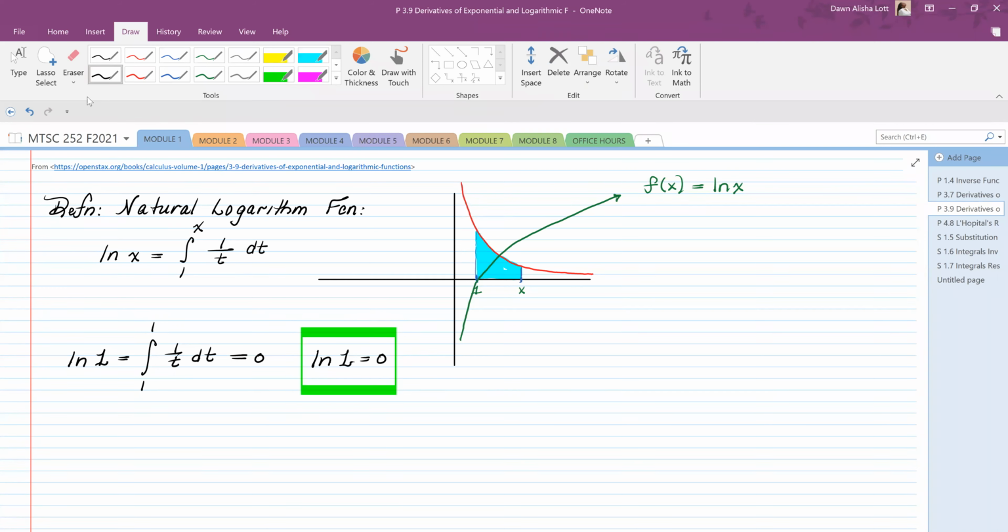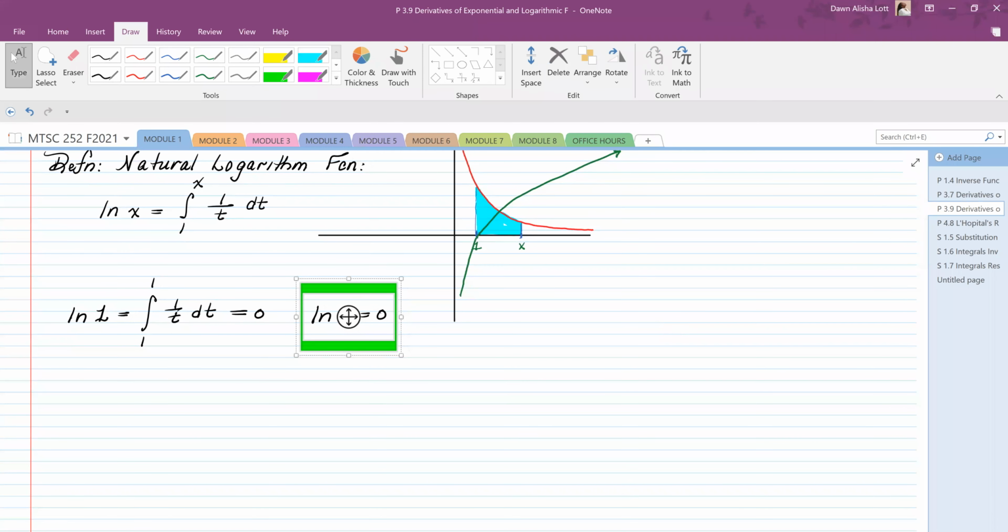Okay, now we're going to use the fundamental theorem of calculus to define the derivative of this function. All right, now you guys know that you can put into your calculator the natural log of 2, and that is just going to give me a number.